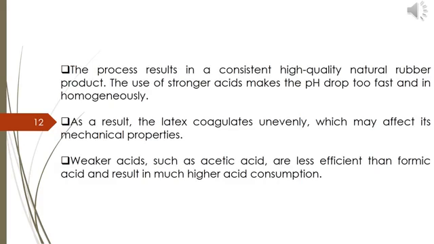Weak acids like acetic acid are less efficient than formic acid, so there will be higher consumption of weak acids like acetic acid. So for avoiding both the effects of very strong acids and very weak acids, formic acid is the best choice. It will maintain the pH drop in a steady way, and too much formic acid will also not be consumed, because it is not as weak as acetic acid.